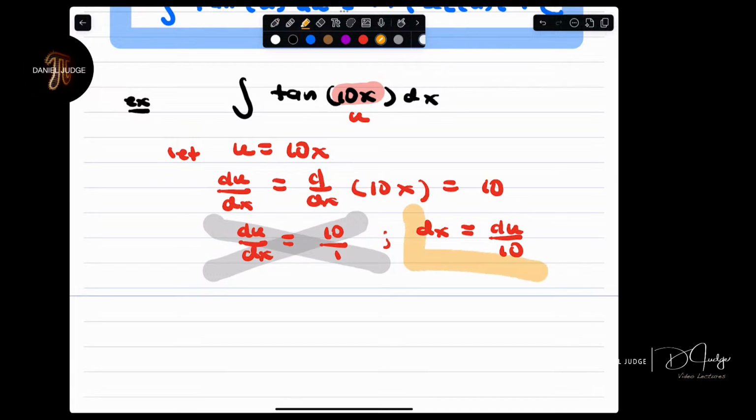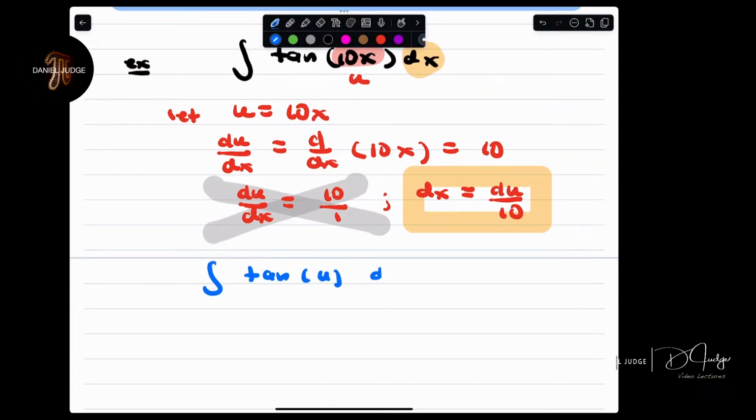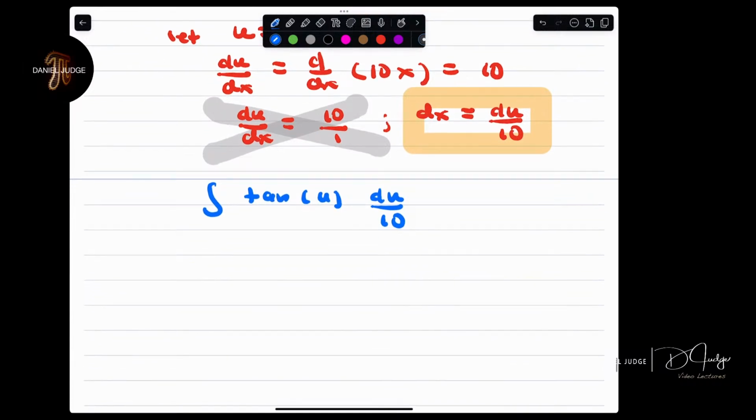So, ladies and gentlemen, there you go. Let's apply our substitution now. So when you integrate tangent u, dx is du over 10. And what we can do is pull out again the constant.